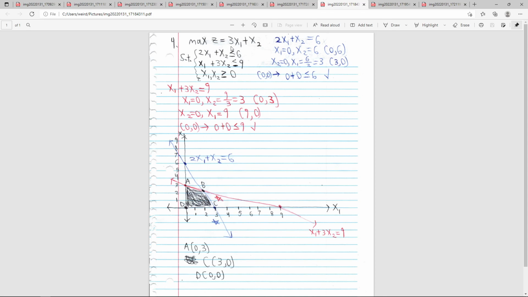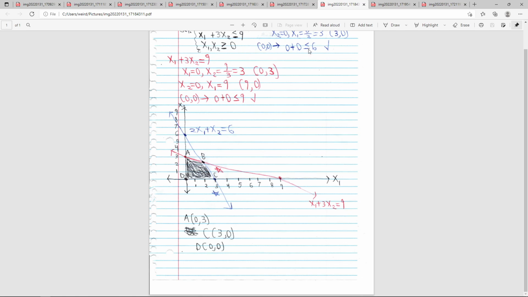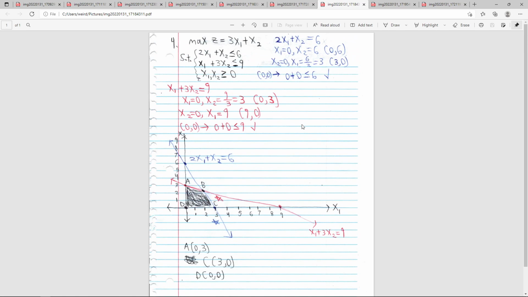So we have max z equals 3x1 plus x2, 2x1 plus x2 equals... Yeah, basically we do the solutions, red and blue here. We include the point 0, 0 for both of them. Then we get intercepts and graph it as nicely as possible, like here.